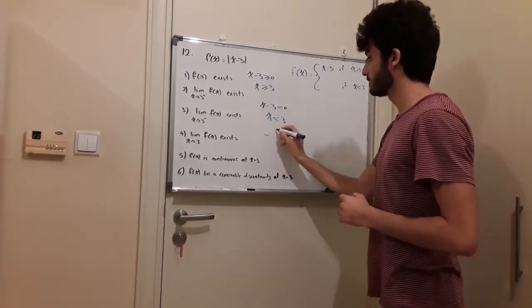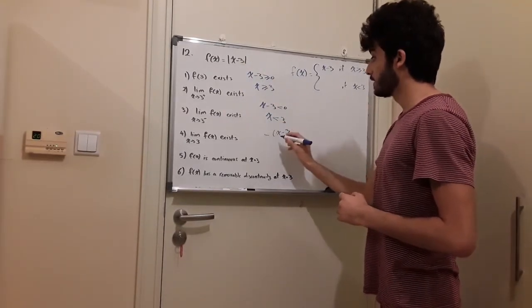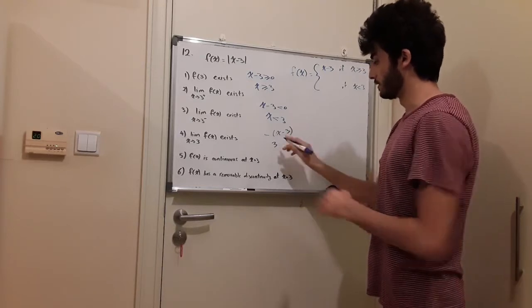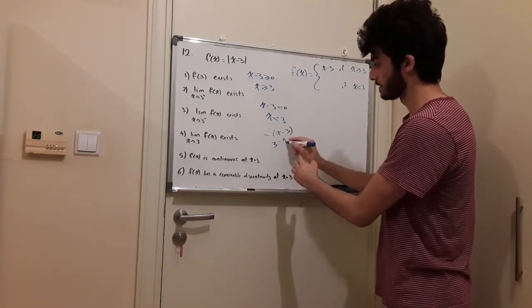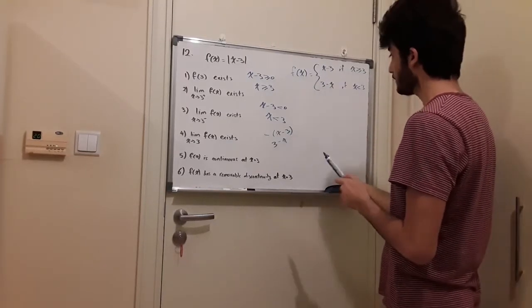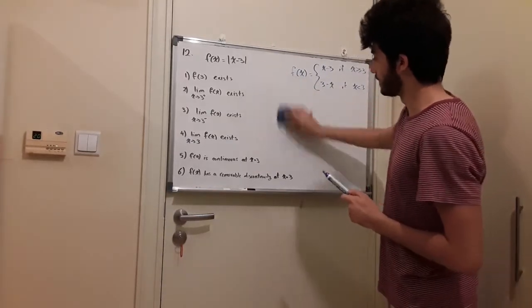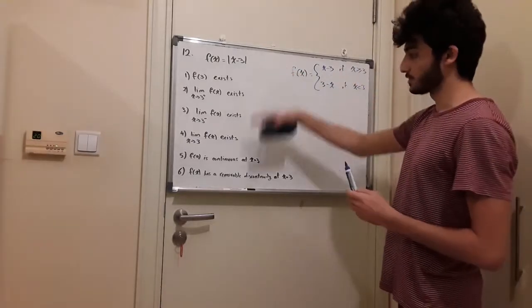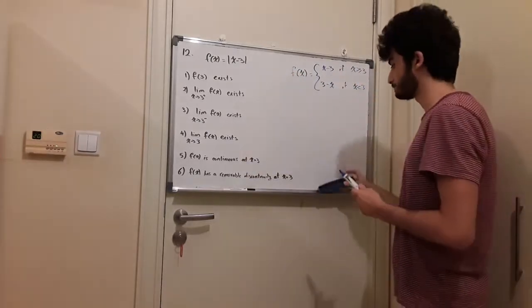So negative (x minus 3), and so the answer would become 3 minus x. So 3 minus x.